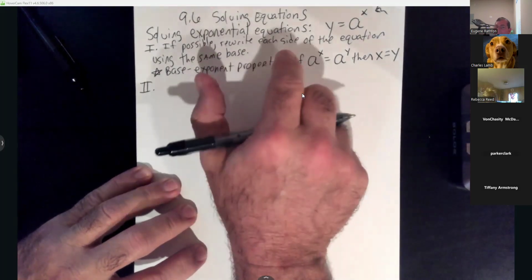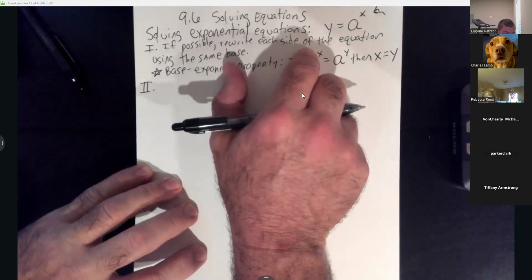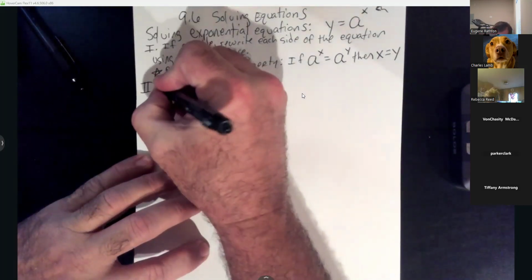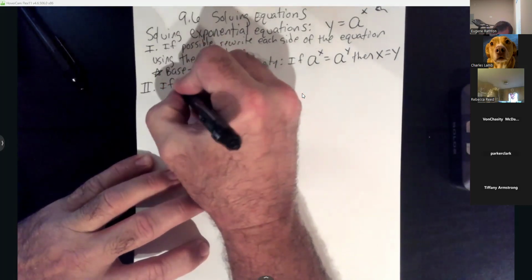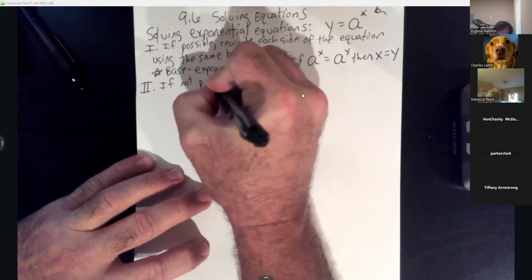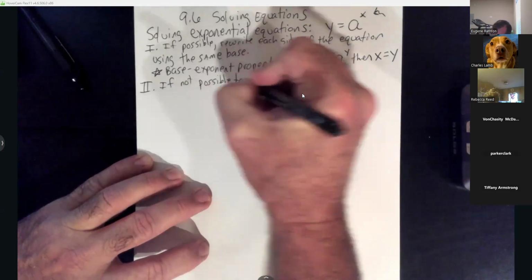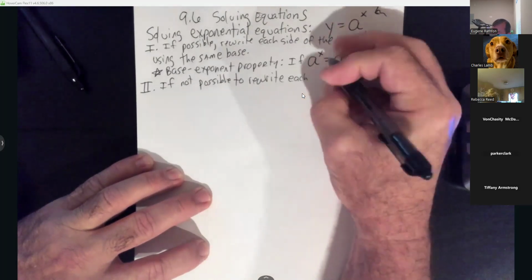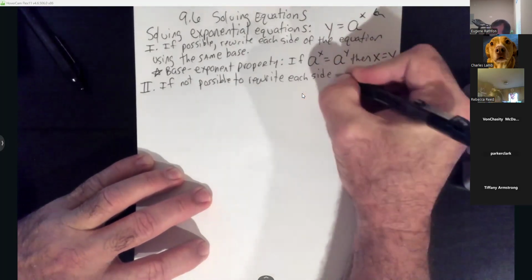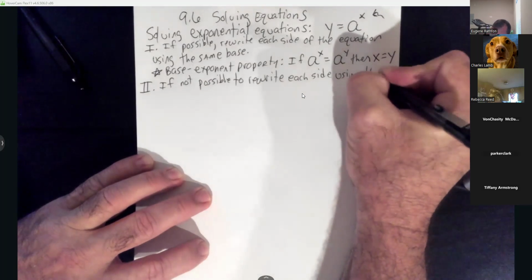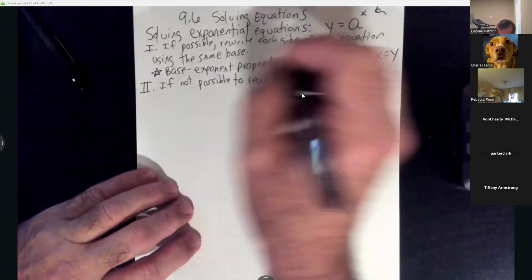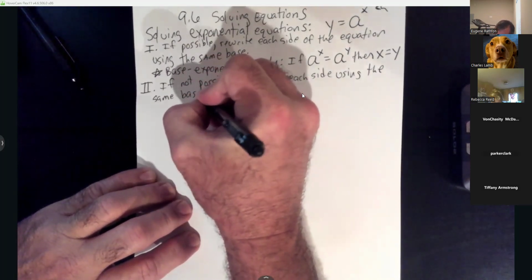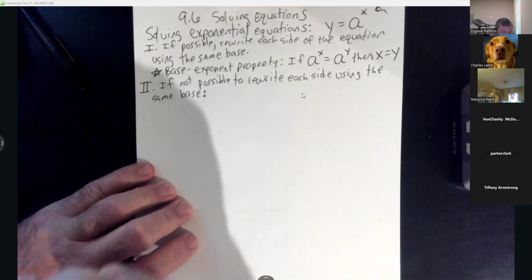All right, so if possible, I would like to rewrite each side of the equation. But y'all, it might not be possible to do that. So if it's not possible to rewrite each side using the same base, then I got to go another route.